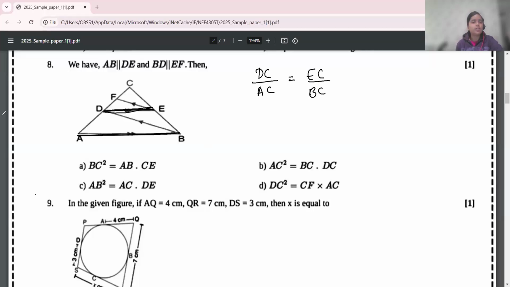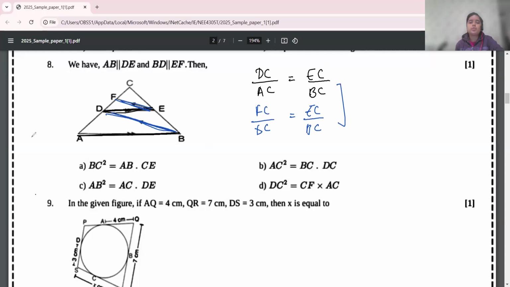Right. Now, I'll consider another set of lines, which is EF and DB. Now, considering the triangles made on them, what can I say? I can say FC by DC is equal to EC by BC.